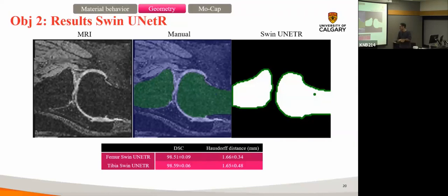And the Hausdorff is in millimeters. It's the maximum distance between corresponding points on the automated segmentation and manual segmentation. And it's a little bit larger than the resolution.